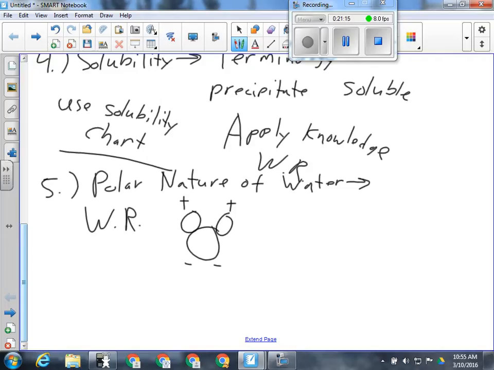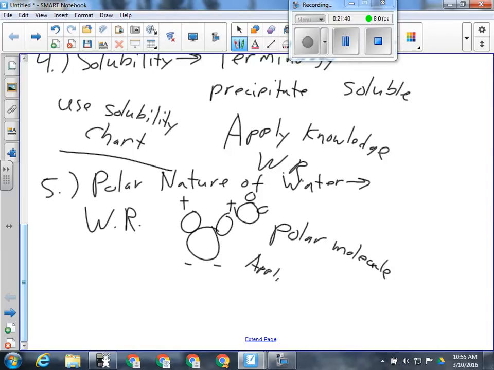and that causes this end to be positive, this end to be negative, and then other water molecules come by and they're attracted to the positive ends, and they form those hydrogen bonds, that surface tension and all that kind of stuff that we talked about that day. So make sure you know what a polar molecule is and that you can explain that, and maybe some applications of that.